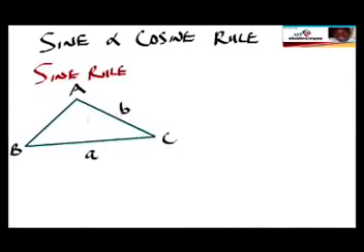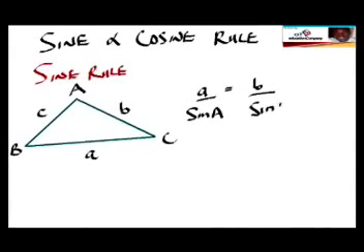The side that faces C we'll call the small c. Now the formula says a over sine big A is equal to b over sine big B, which is equal to c over sine big C.